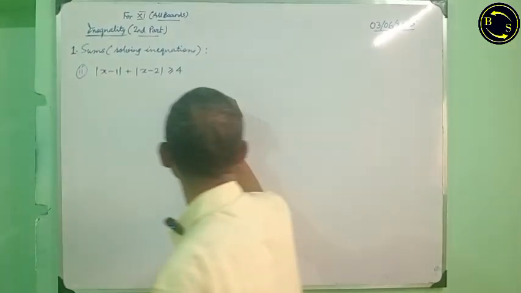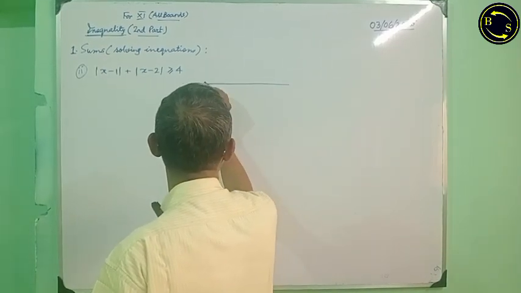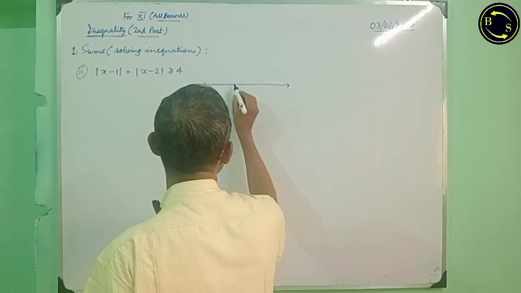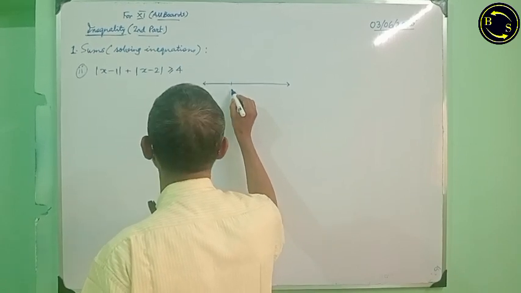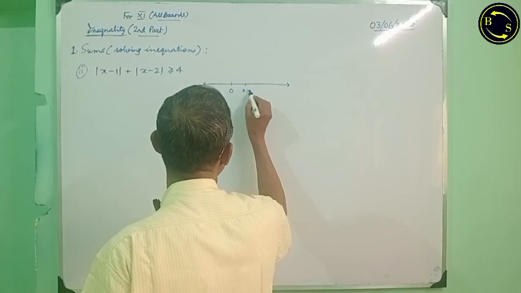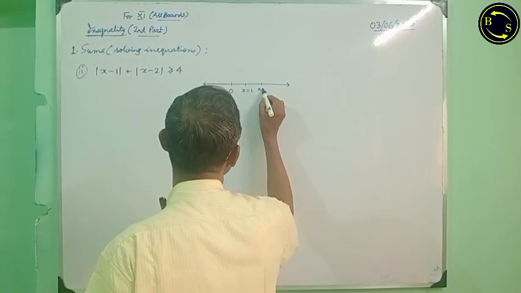Therefore, if we consider the number line, we see, we take this one as origin, x equal to 1, x equal to 2.